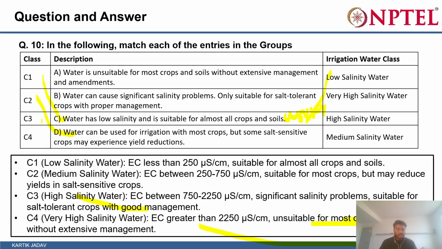So C3 is high salinity water, which we can use, but certain management practices are required. And C4 is generally unsuitable for irrigation. It is called very high salinity.